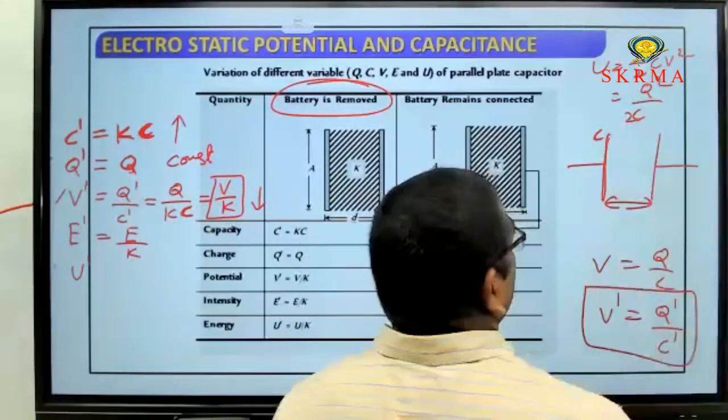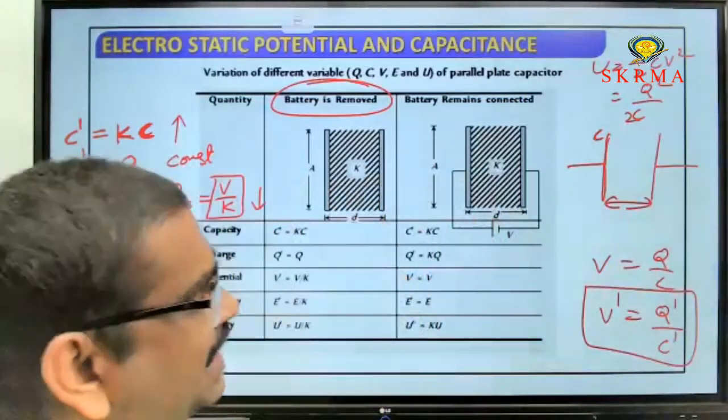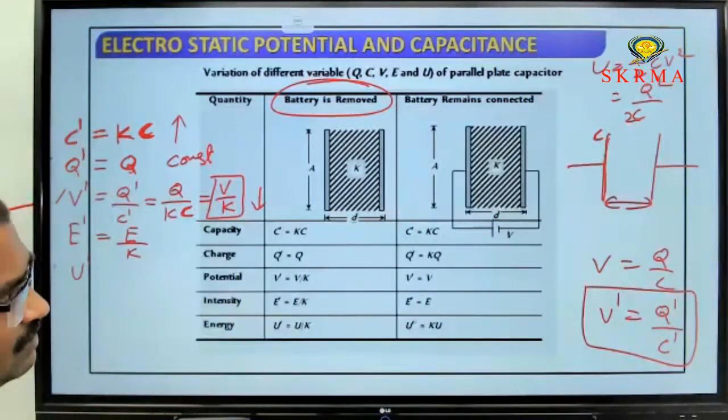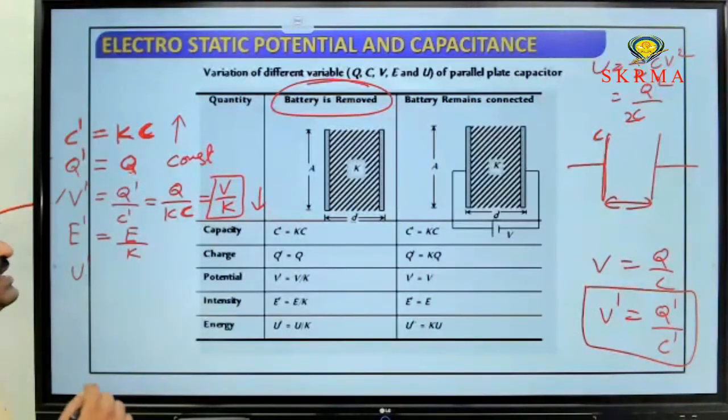Which one is constant in this process, charge or potential? Charge. Charge is constant.